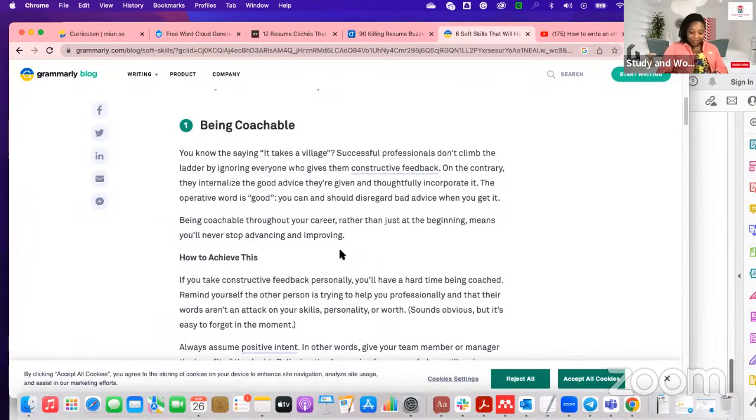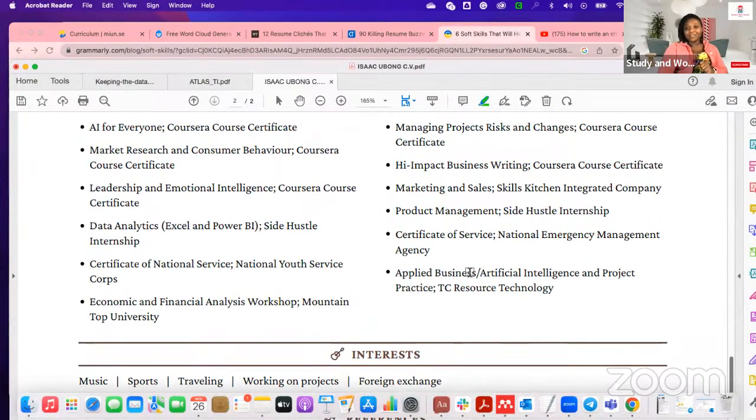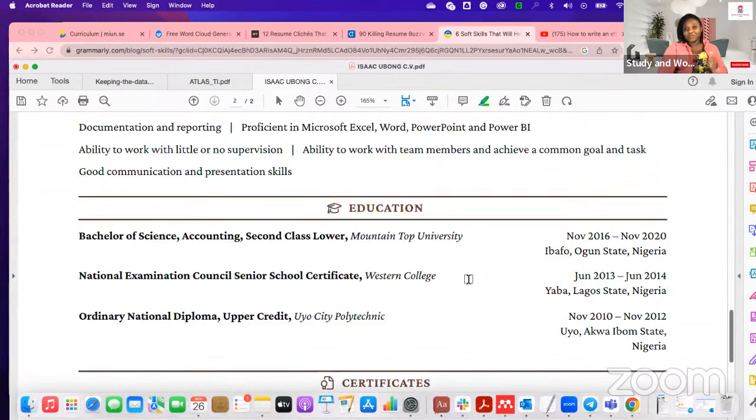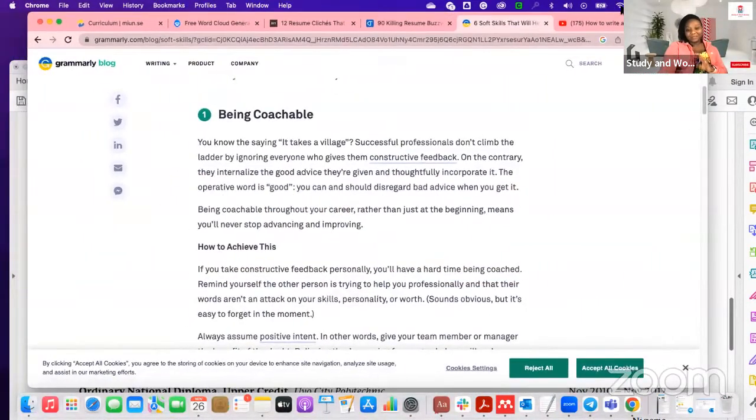So yeah, those are the things that you should avoid on your CV when you really want to have an effective CV that can get you into school or get you a job. I hope that's straightforward for all of you.